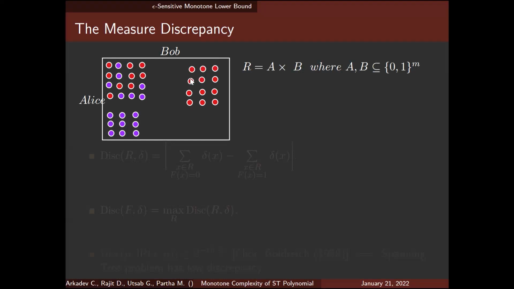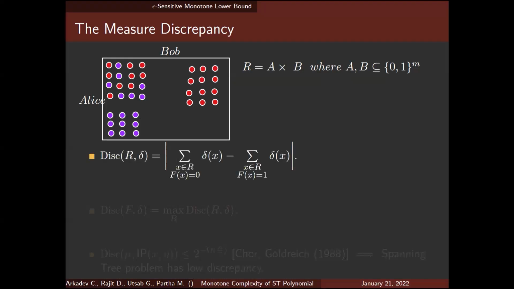Informally, for a rectangle, the discrepancy measures how much the rectangle is mixed. Formally, the discrepancy comes with a distribution over the inputs, over the entries of these matrices. And given this distribution, for a rectangle, the discrepancy measures the absolute weighted difference between the zeros and ones of that rectangle.